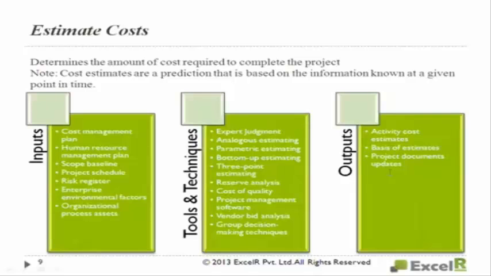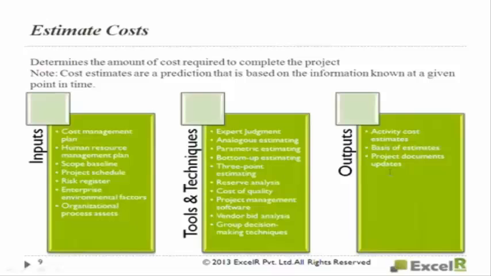And to do this, obviously you will use some software, project management software. And vendor bid analysis. The next technique is vendor bid analysis. You will call different vendors, take bids from them, and do the cost estimation. For example, you wanted to buy some furniture. You'll go to 3-4 shops, right? From different vendors, you will ask for the bids.